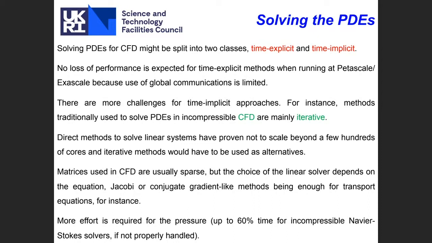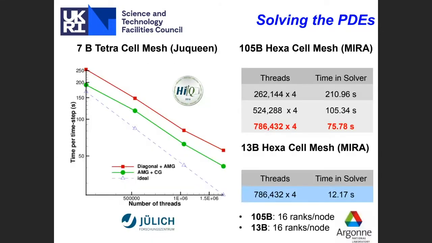We focus here on incompressible CFD, so that's why we use time implicit and matrix-based resolution. If not handled properly, computing the pressure itself can take up to 60% of the full time step. Because the code has been optimized a lot, it's now reduced to probably 20–30%. And that's to answer Jose's question earlier.